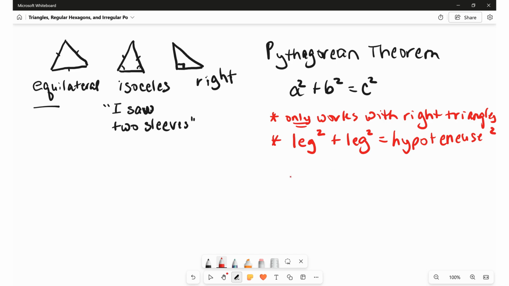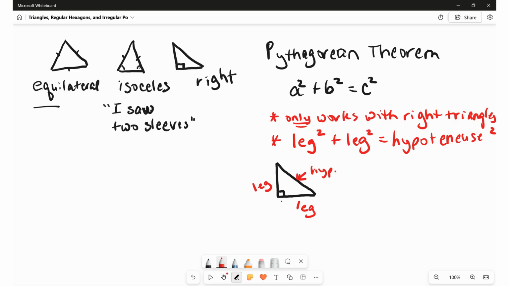So when we're thinking about the Pythagorean theorem, remember we're dealing with a right triangle. This side over here is a leg. This is a leg. And this longest side is the hypotenuse.